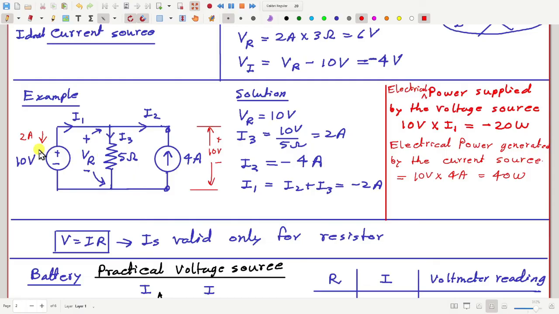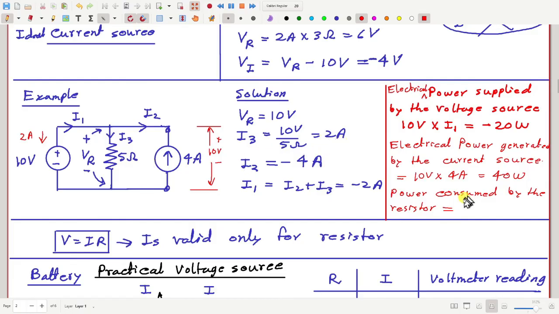Okay. And finally, how much is the energy or power generated, not generated, consumed by the resistor? I3 square R is 20 watt.